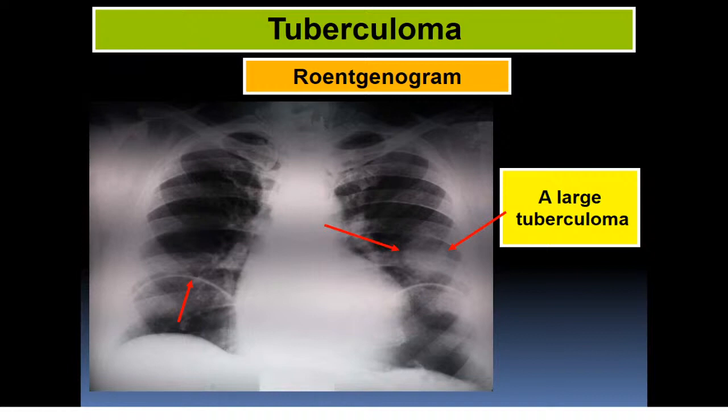And also we can see a method of treatment of destructive processes on this X-ray in lower parts of the chest. This method of treatment is named artificial pneumoperitoneum.